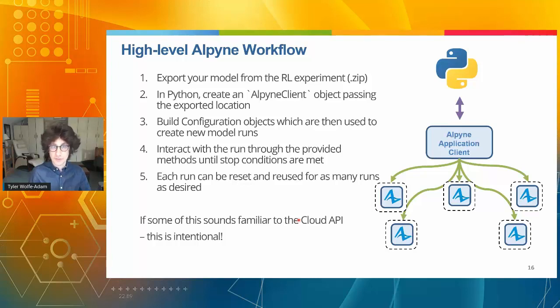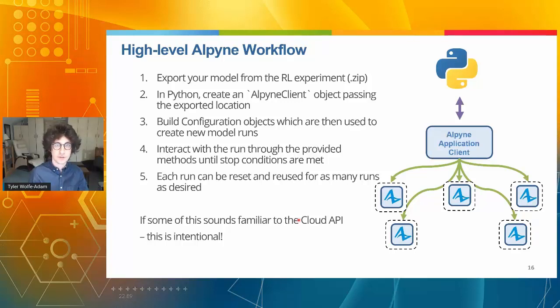And inside of our Python script, what we'll do is create what's called the Alpyne client object and pass in our exported model. And from that, we can create a multitude of different model runs and interact with each one of them in parallel if we wanted to. And each one is its own self-contained environment, so it could be reset and reused for as many episodes as we need to train for. And this is a similar structure to how the Cloud API works.